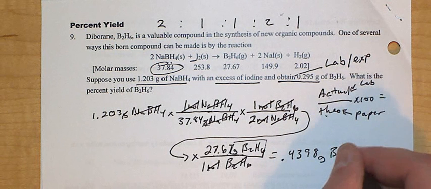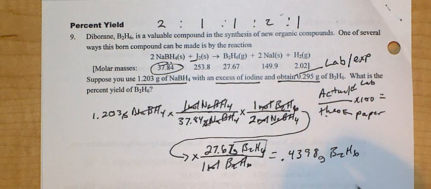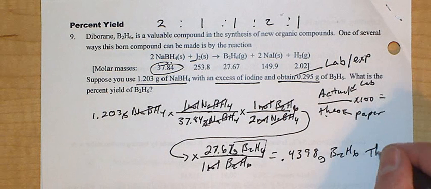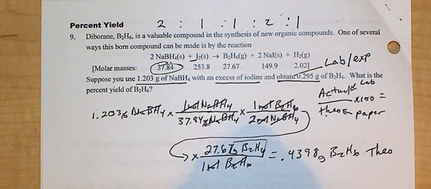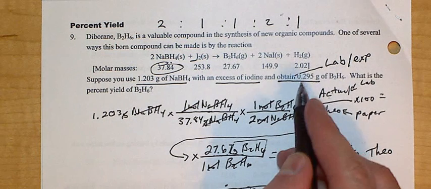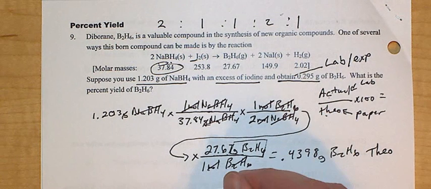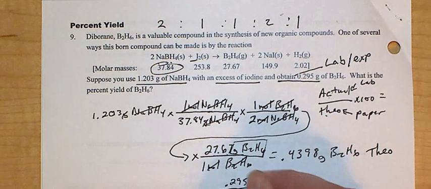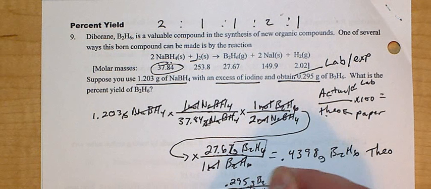This is my theoretical. So now I take my theoretical and place it in the denominator, 0.4398 grams B2H6, and I put my actual on top, which I got from the problem up here, 0.295 grams B2H6. Our units cancel out.